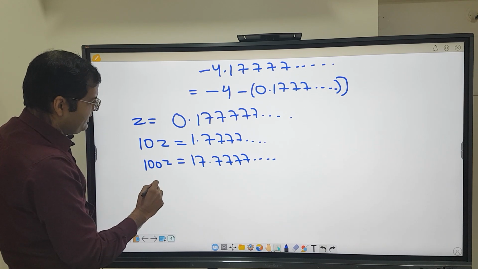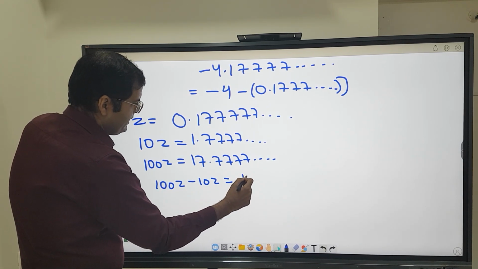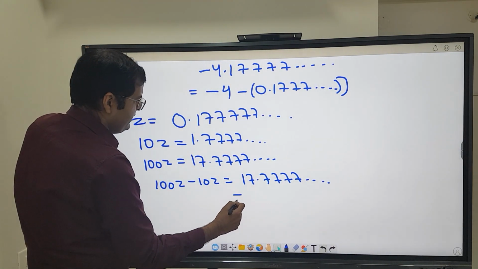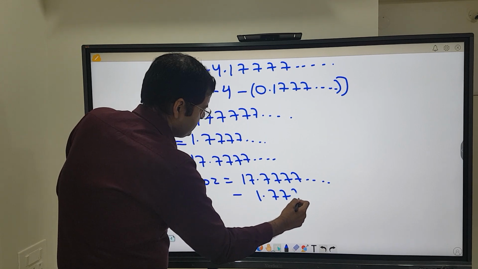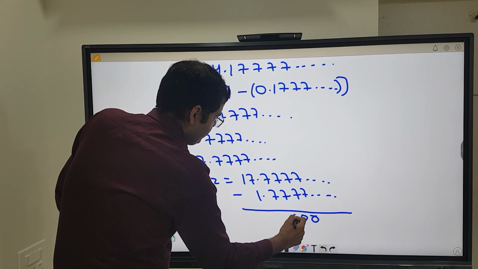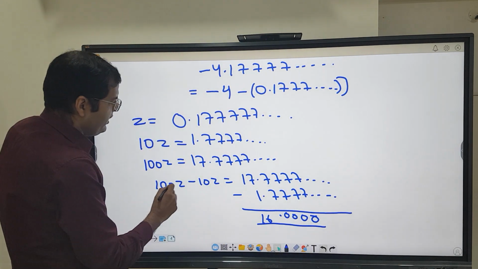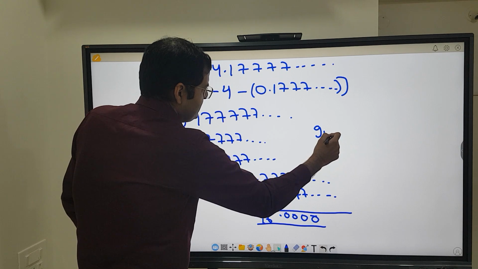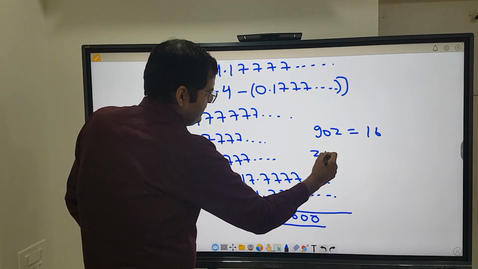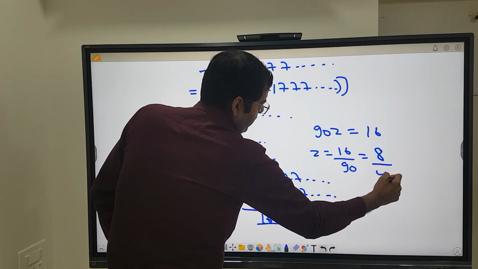Now if I do 100z minus 10z, that will be 17.77 and so on minus 1.7777 and so on. All these sevens cancel to be 0. 17 minus 1 gives 16. So 100z minus 10z, which is 90z, is 16. That means z is equal to 16 upon 90, which is equal to 8 upon 45.